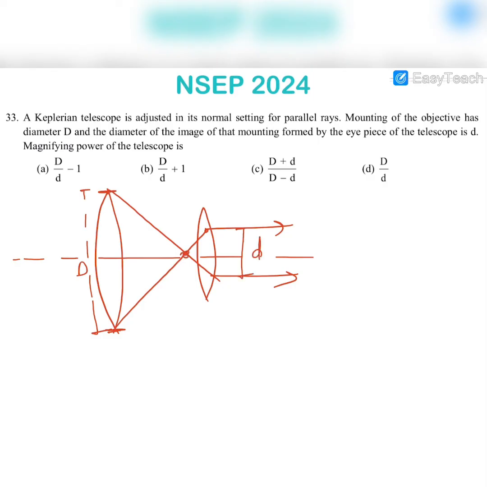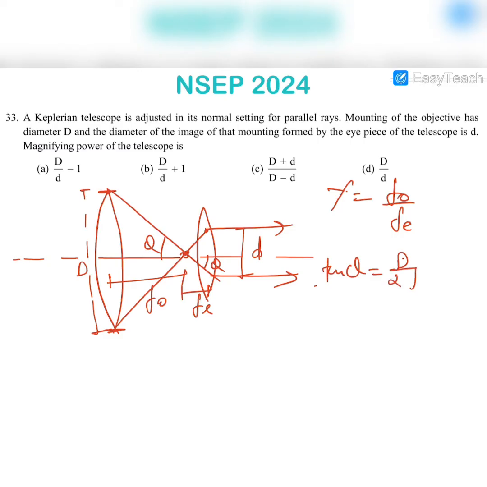Now we know that in normal adjustment gamma is FO by FE, and this distance will be FO and this will be FE. Now this angle is equal to theta, so tan theta will be D by 2 upon FO, and tan theta will be small d by 2 upon FE.